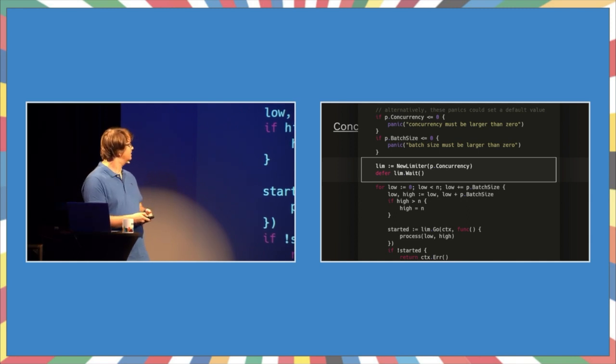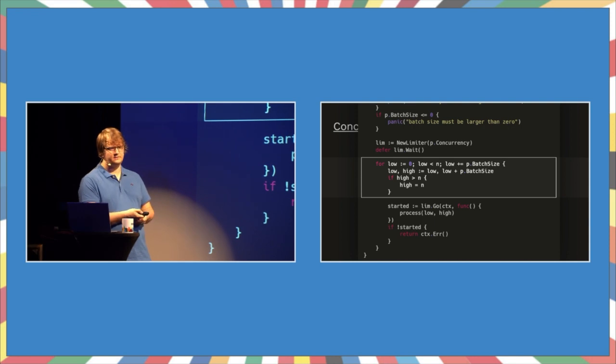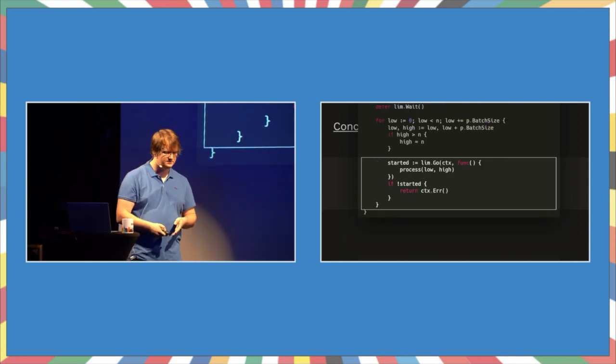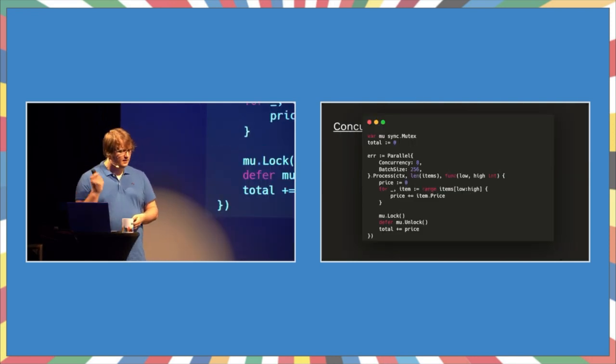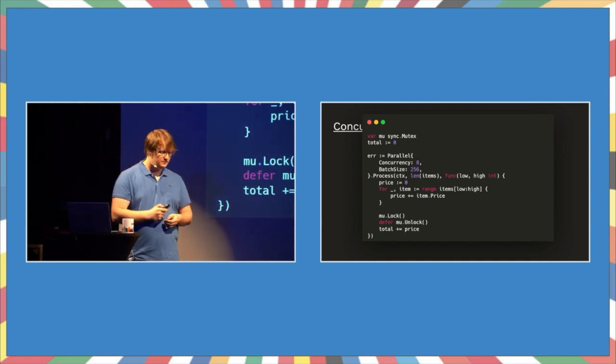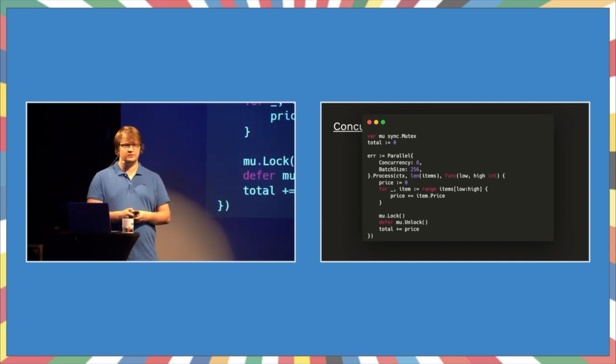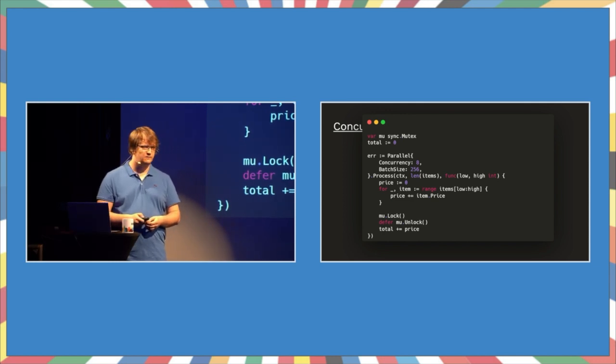It mainly uses the limiter, and we'll figure out the bounds of our processing and then start them. And the code then will look something like this. Of course, this example will probably run slower than the sequential version, so not useful in this case.